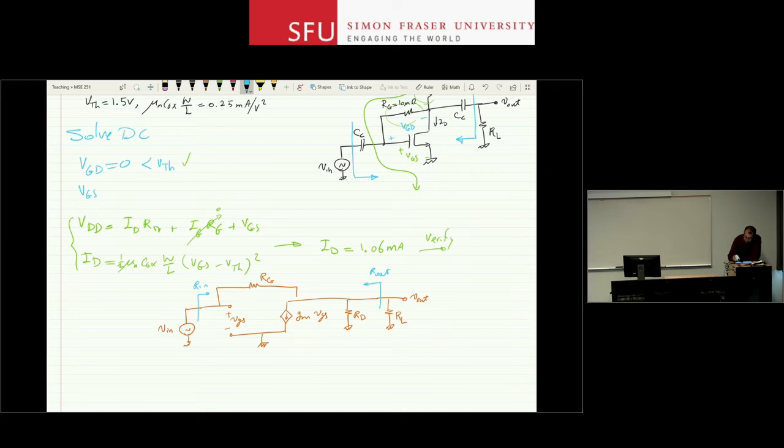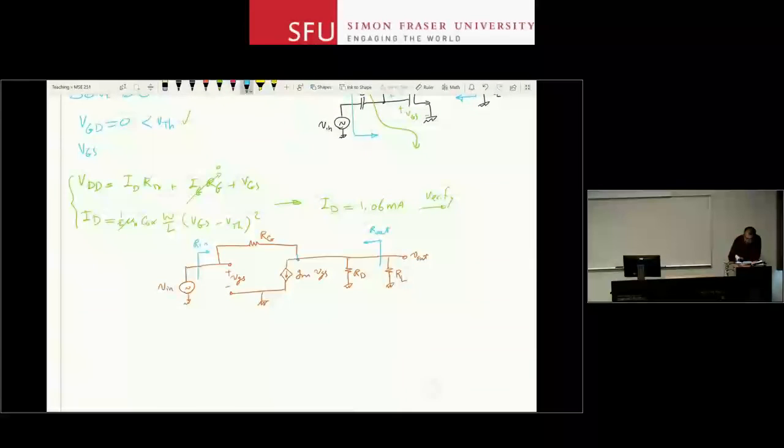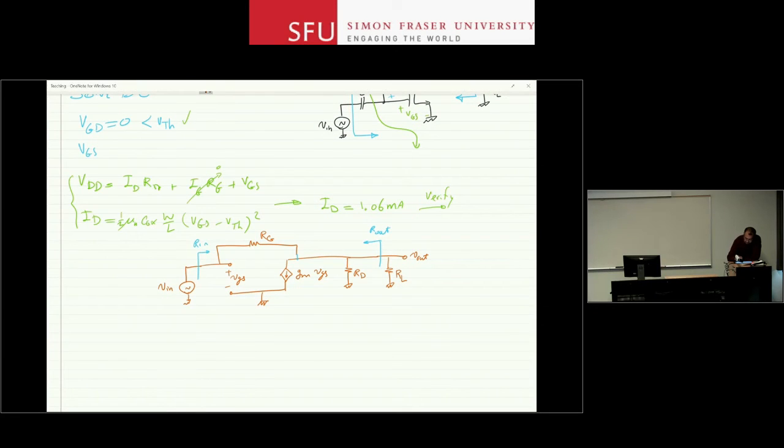Okay, so I try to figure out a relationship between V out and V in by solving this circuit. Write a KCL at node V out. I can say this current plus this current plus this current plus this current should add up to 0.